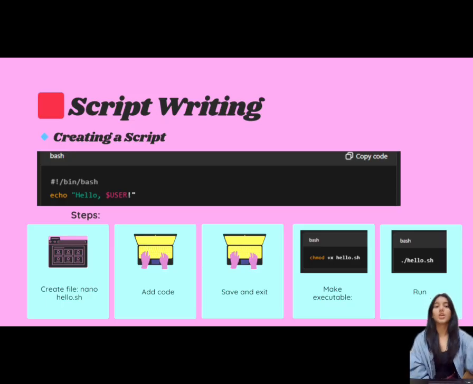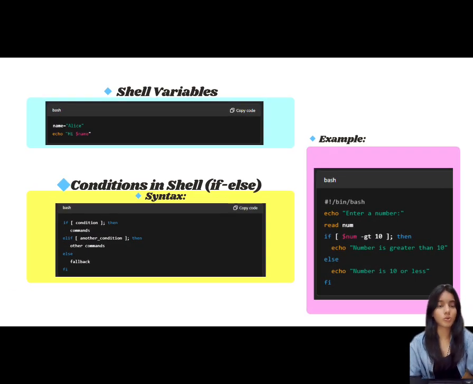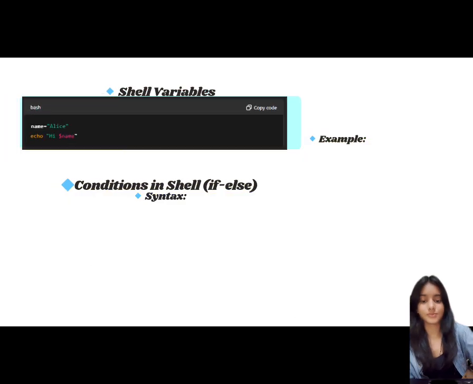First we create a file called hello.sh using nano, and now we add some code in it, save and exit. Now make it executable, then run it. Then we have our code ready.